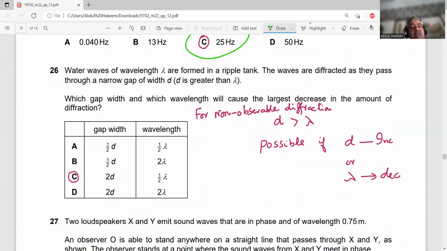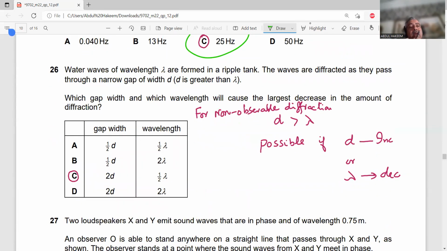Next, 26. Water waves of wavelength lambda are formed in a ripple tank. The waves are diffracted and they pass through a narrow gap of width D. I mean, this is the width, the diameter of the opening. And D is greater than lambda.